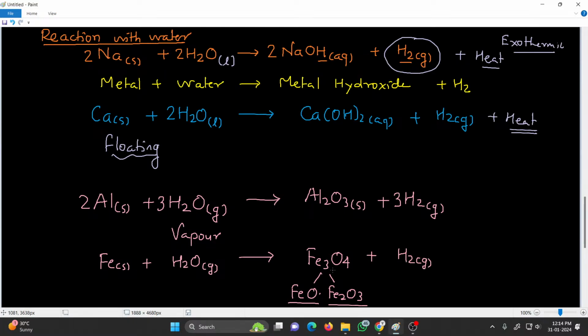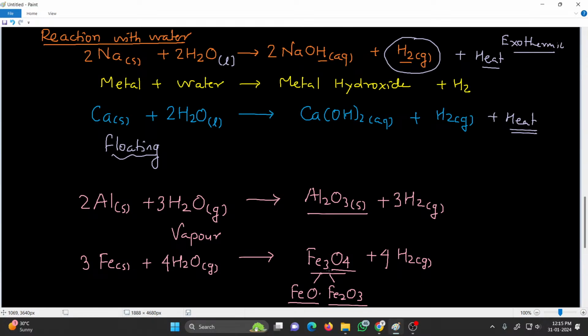Again we have to balance: 4 oxygens here, write 4 here, write 4 here, write 3 here. So aluminium and iron along with zinc stop at the formation of oxide because their oxides are not soluble in water.